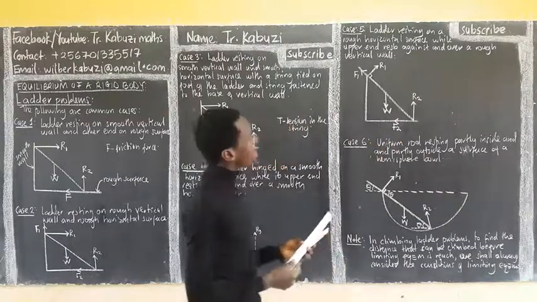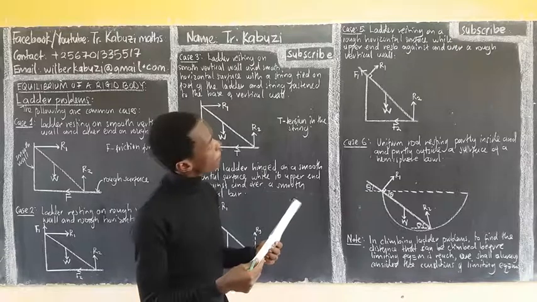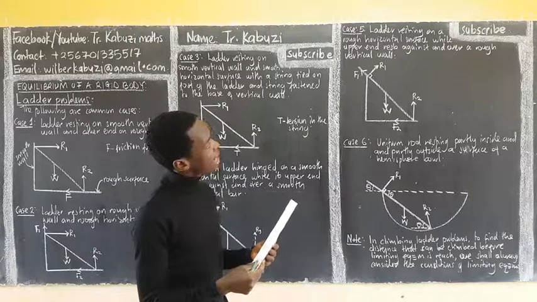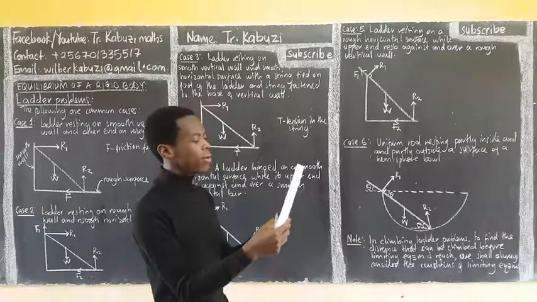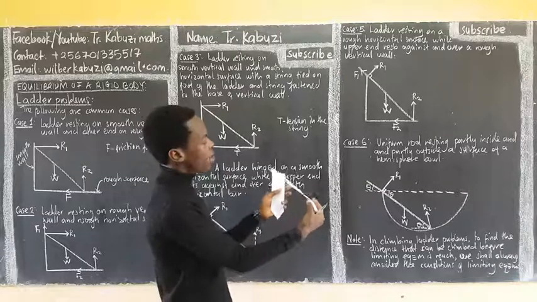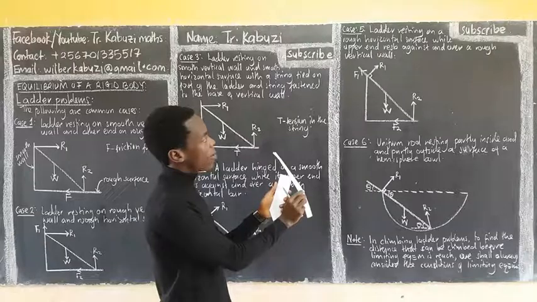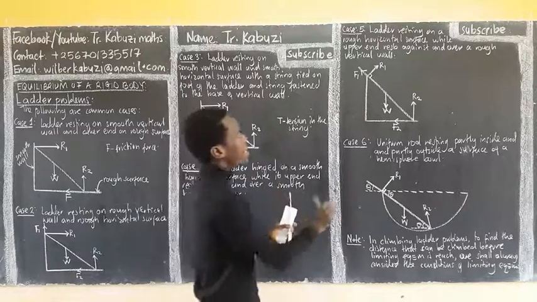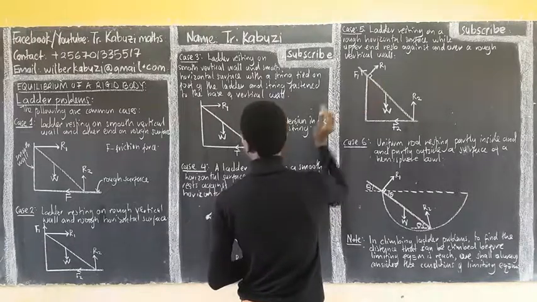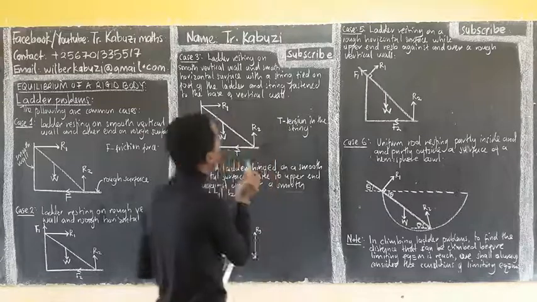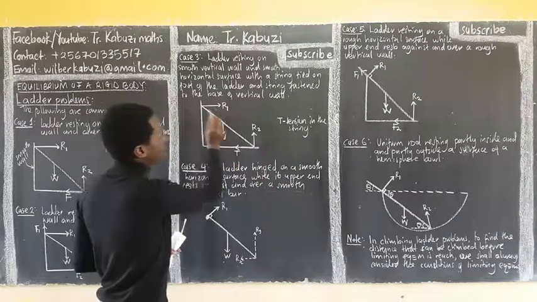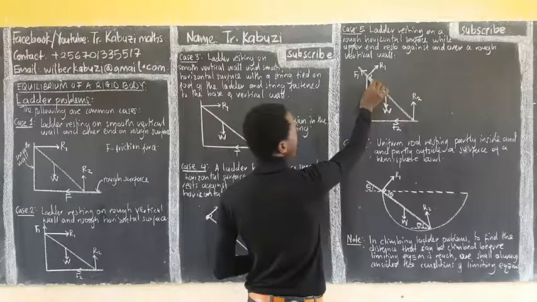But now, this ladder is passing over while the upper end rests against and over a rough vertical wall. So this is the wall. Now, you see where this contact is going to be, around here. There is a difference between having a contact there and having a contact here. When we have a contact here, it's going to be like this. But now the contact is here.